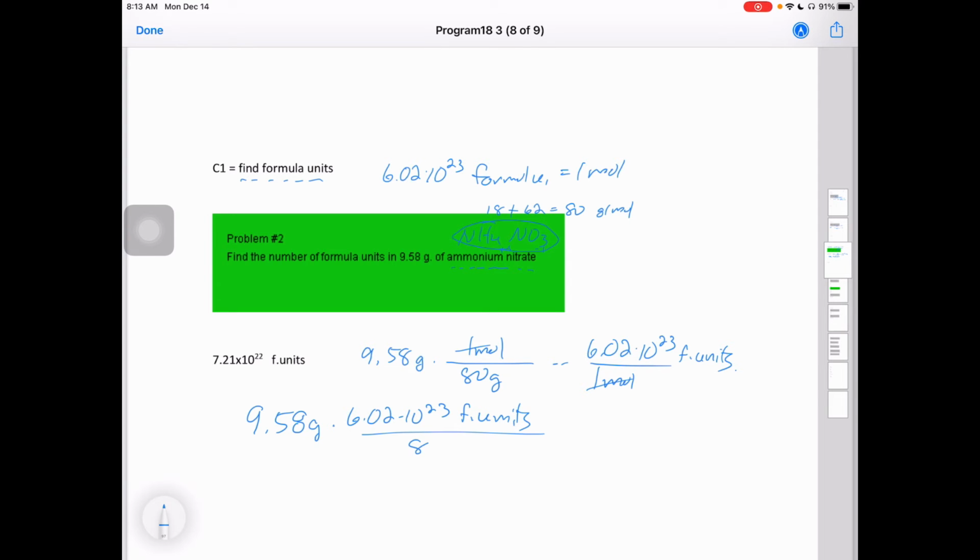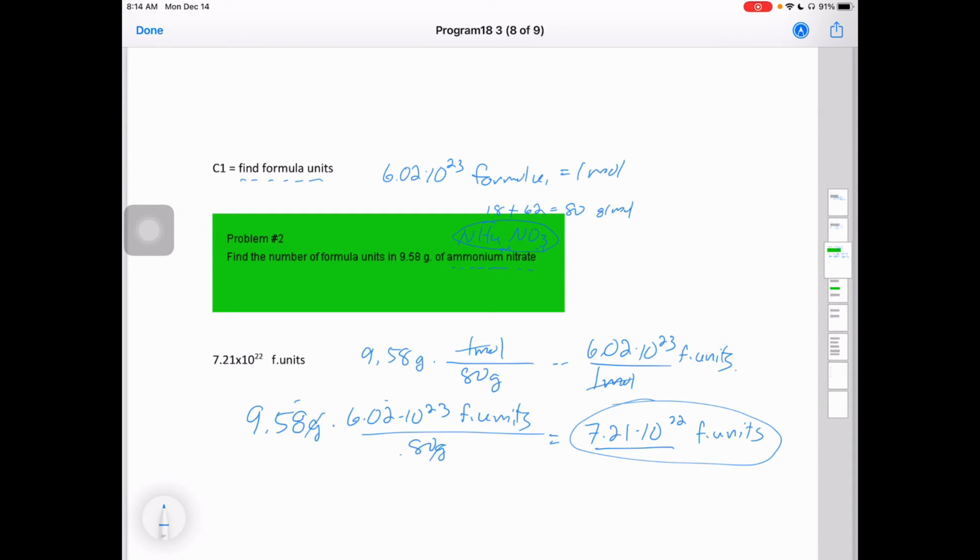I'm going to show my students to do it this single step, a one-stepper instead of a two-stepper. But multiplying this times this, dividing by this, you should get 7.21 times 10 to the 22. And a lot of people just put 7.21 and you're done. Don't forget the E22 on your calculator. Formula units.